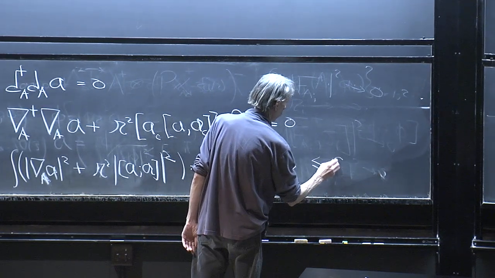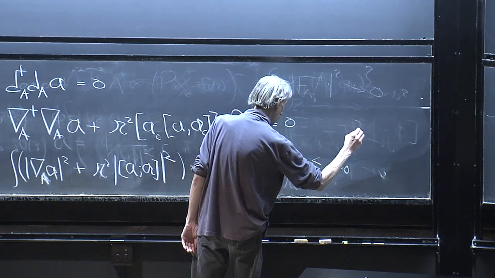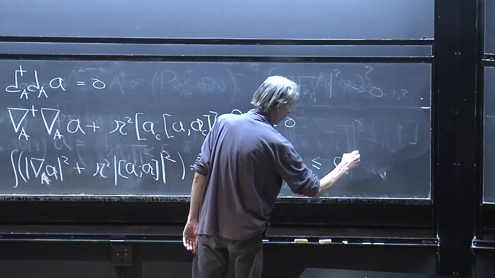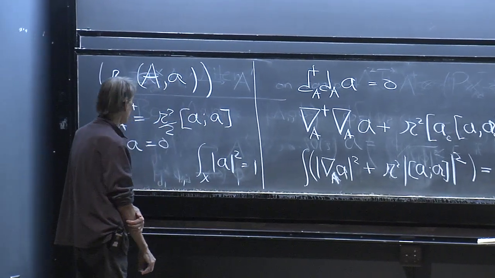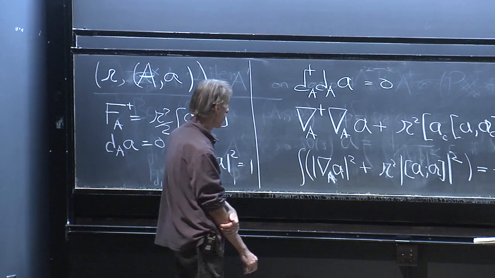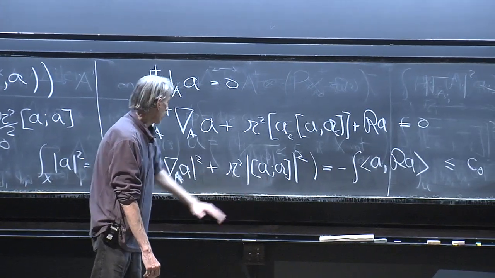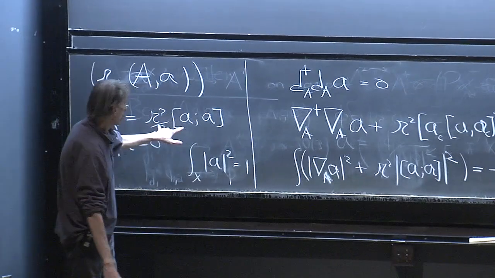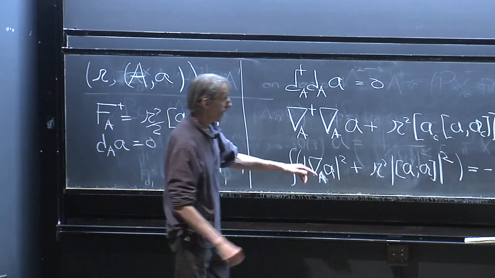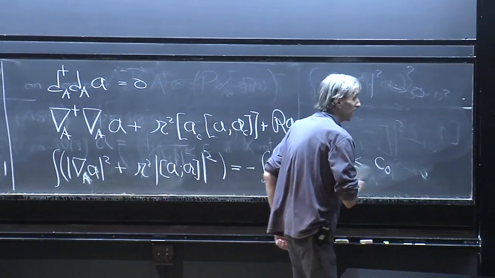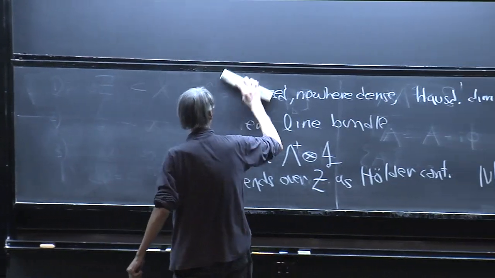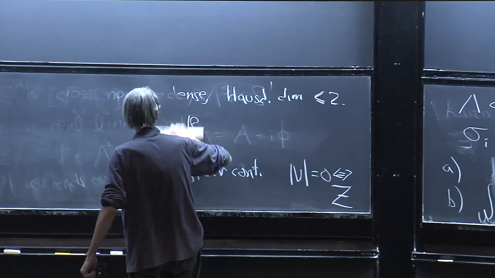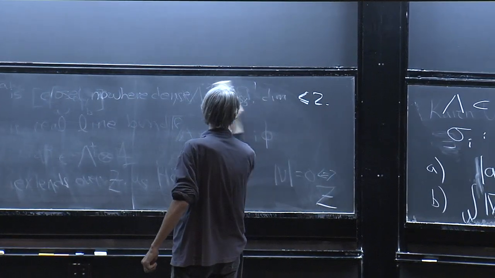So there's some universal constant I'll call C0. There'd be the integral of A squared here, but that's equal to 1. So you get this a priori bound on this, and then you notice this term is almost an L2 norm of that term. So that term over there, that term is also the integral.